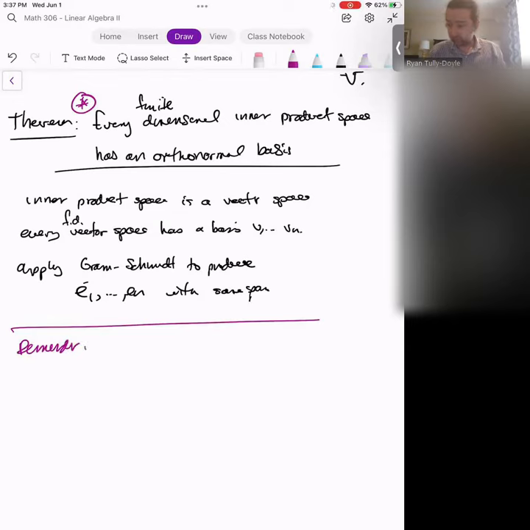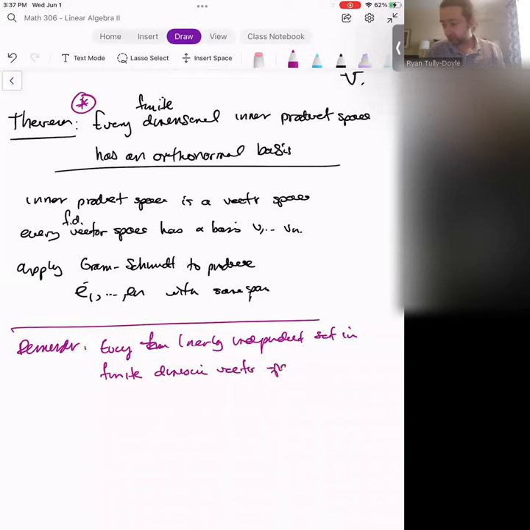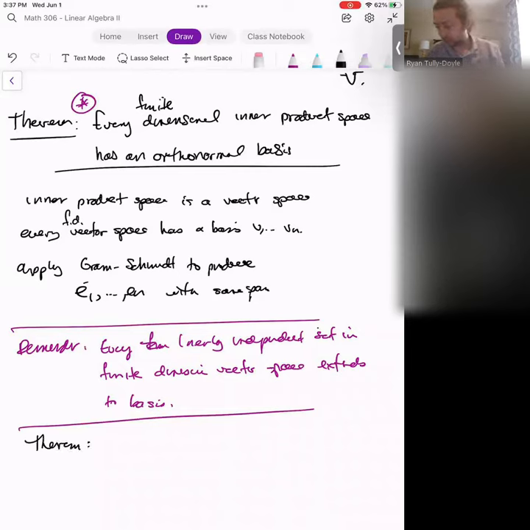that we had a theorem that said every linearly independent set in a finite dimensional vector space extends to a basis. And so the theorem here is, sorry, I shouldn't say set, I should say list, because we're in Axler land.